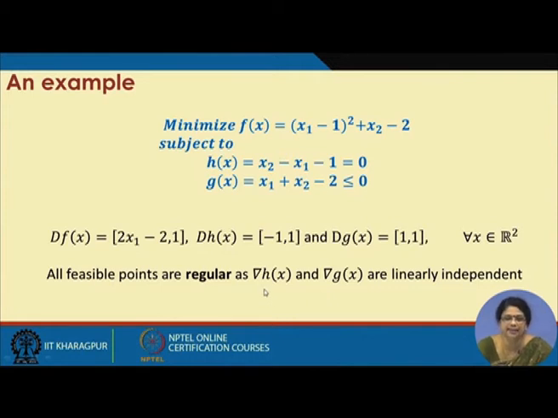And here another thing we can check, that we know all the feasible points are regular if grad h and grad g are linearly independent. Now, this thing also we can check very easily. We have grad of h, this one, grad of g is this one, we can check both are linearly independent. That is why these are the regular points.